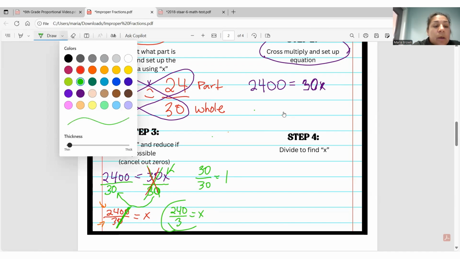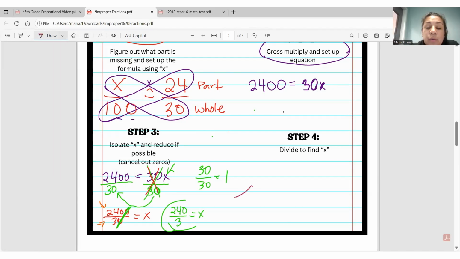Now our last step is to divide to figure out what x is. Remember, this line also means to divide. It's a fraction line, but it also means to divide.